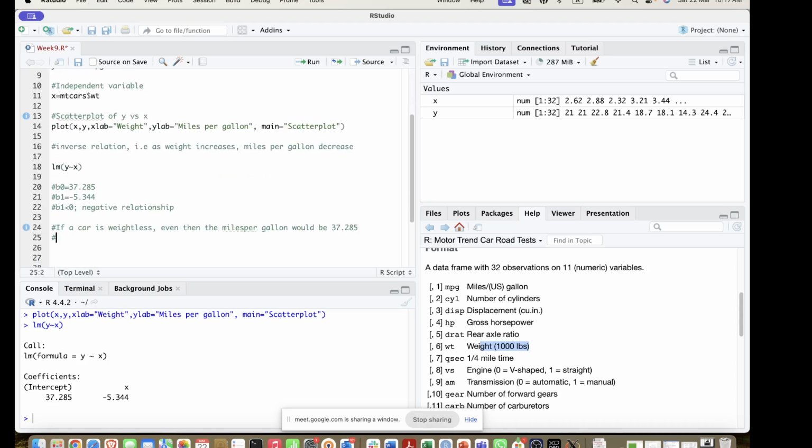Okay, so here we'll interpret it like this: increasing weight by 1000 lbs decreases mpg on an average by 5.34.